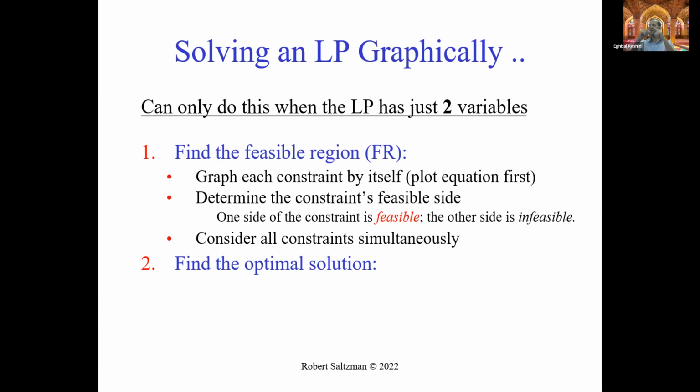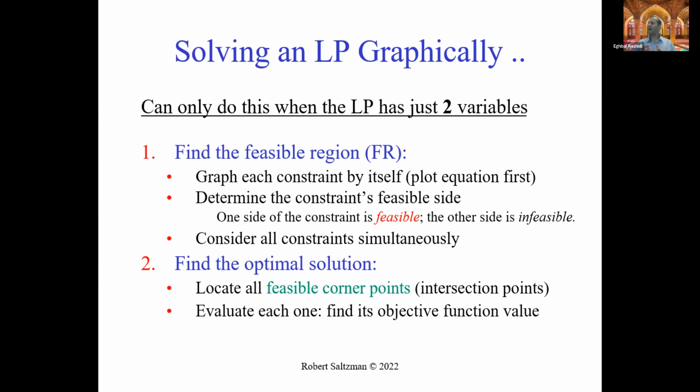For example, if this is a plot of your problem, and this is one constraint and this is another constraint, the intersection between these two in the feasible region is called a feasible corner point. So identify all the feasible corner points and then find the objective value for the values of these corner points for each variable.